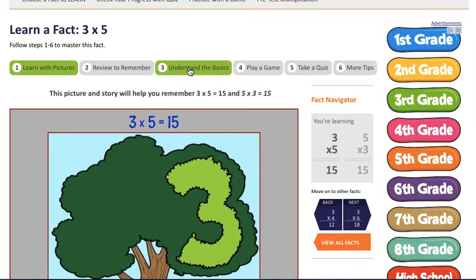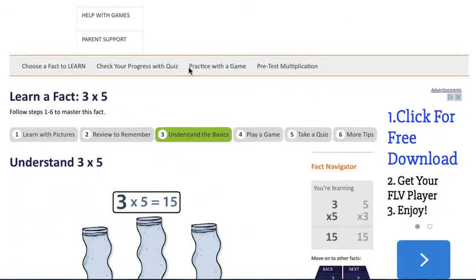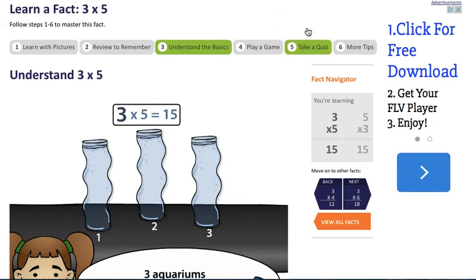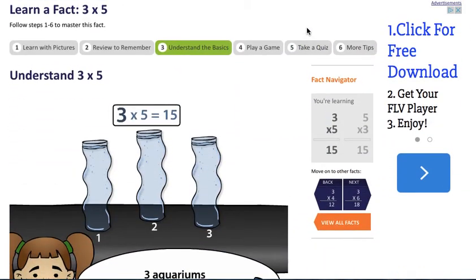You're going to do Understand the Basics by scrolling down, and then you'll be done. So you need to do 1 and 3 to master your fact. We'll be playing with games later and taking a quiz later. That is the end of using multiplication.com.